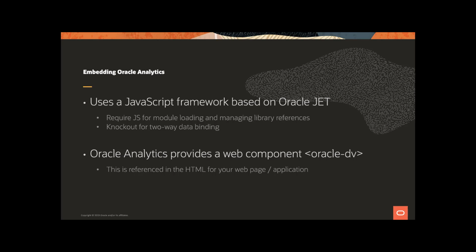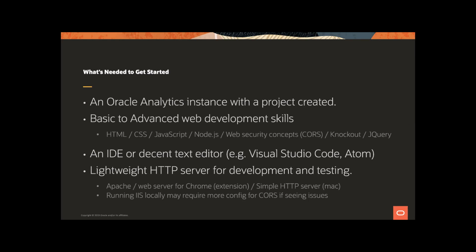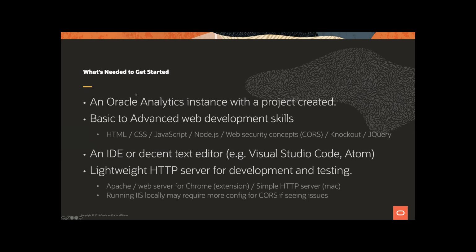So you'll see in a moment that we have a few bits of code that we need just to take care of those aspects. And what Oracle Analytics itself provides is a web component. So we have a tag which is called Oracle/DV, and then that's referenced within the HTML page for whatever application you may be embedding the analytics into. So we've got the Oracle Analytics instance with our project.